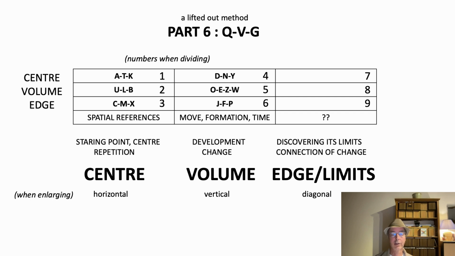So when enlarging, it's the horizontal, vertical, and diagonal plane that is used. But the numbers can also be practical, especially when dividing into different parts. So you don't need them all the time, but it can be useful to use 1, 2, 3, 4, 5, 6, 7, 8, 9.